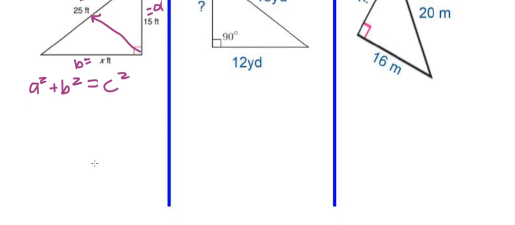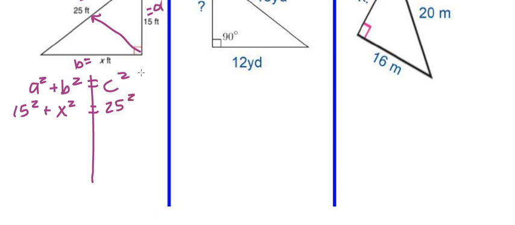All right, so we know that A squared, so we've got 15 is A, so that's going to be 15 squared plus, we don't know B, so let's put X squared, or you can put just B squared, whichever you prefer. You can use X as the variable, B as the variable. But we know what C is. C is 25, so that's going to be equal to 25 squared.